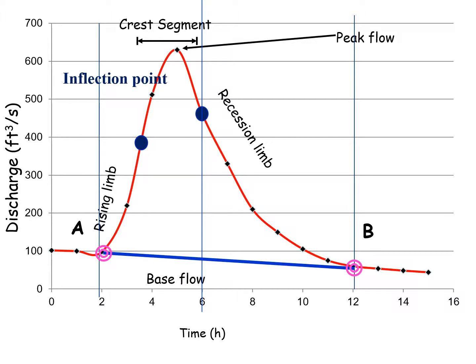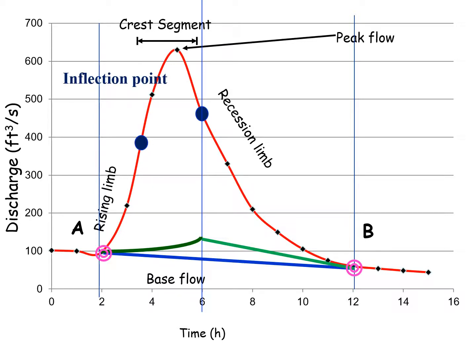Now, how can we find your base flow? If you remember, go back to your slides. If you sketch one direct straight line from point A to point B, the flow below will be base flow. Or, as in other sections, from point A you can go in a curve to below the inflection point in the recession limb, and then you continue the line from B to the end, which is linear.